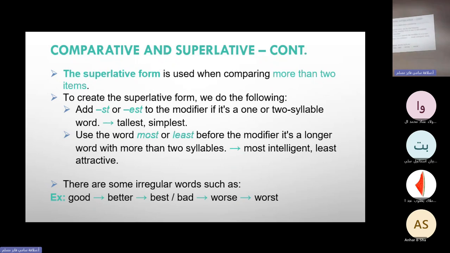I am the most intelligent. Yes. There are some irregular words. This is in English everywhere you go, there are irregulars. For example, good: the comparative is better, the superlative is best. Bad: the comparative is worse, the superlative is worst.